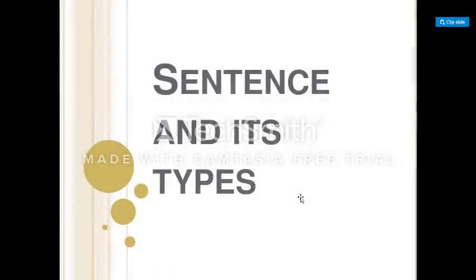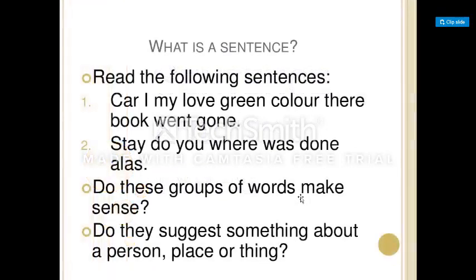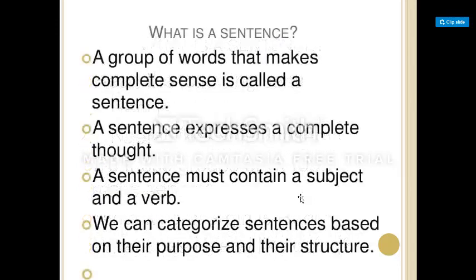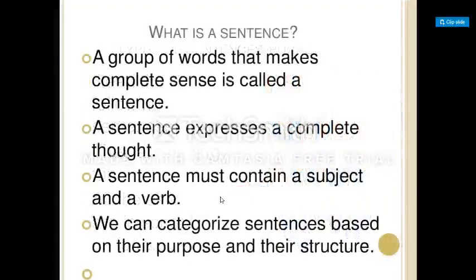Are you fine today? As you know, yesterday we talked about the sentence and its types. We looked at the definition of a sentence and its main parts, how to parse a sentence into two broader categories, that is subject and verb or predicate, and we also talked about its types.